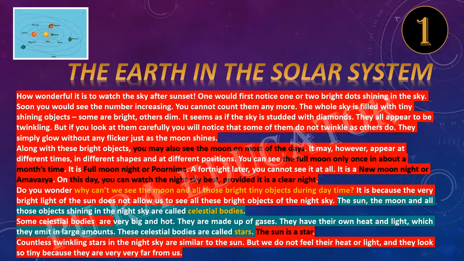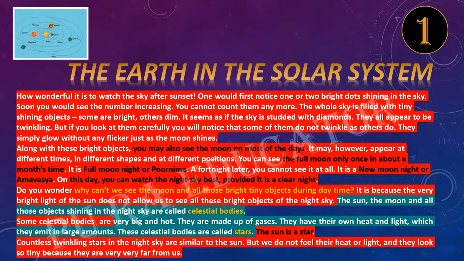Friends, if we see in the night, we'll see bright objects. One of the bright objects is the moon. The moon changes its position and its shape on different days, and I will be telling the names of the particular days or the shapes of the moon.